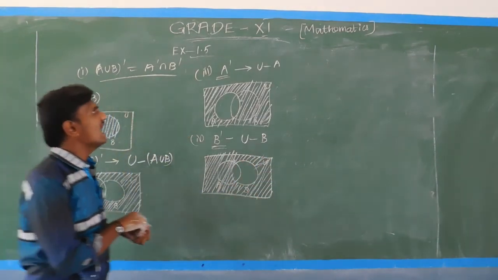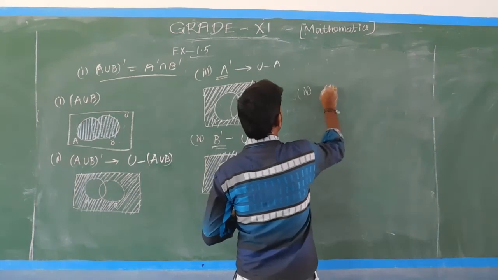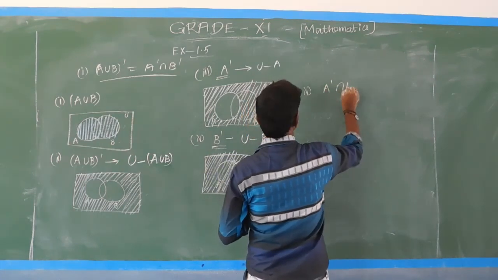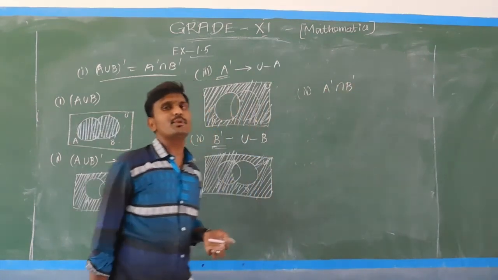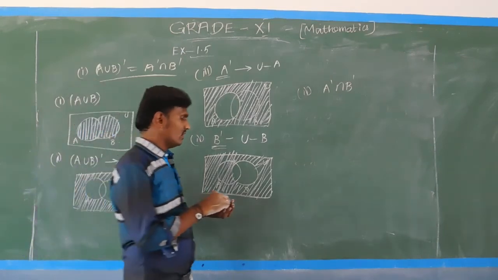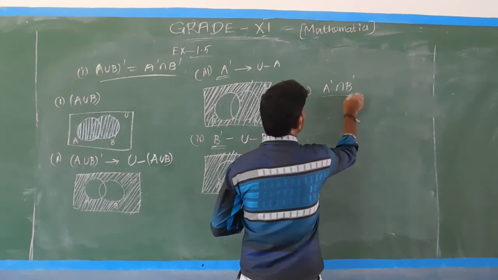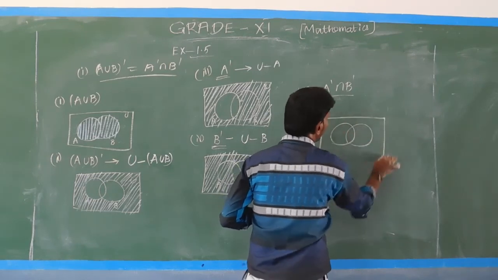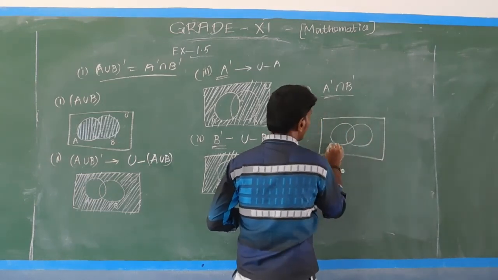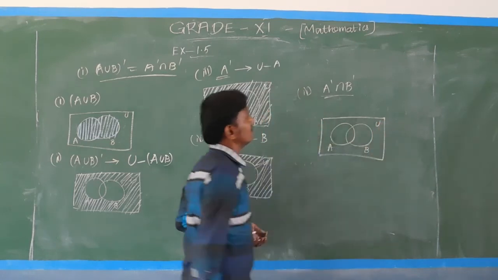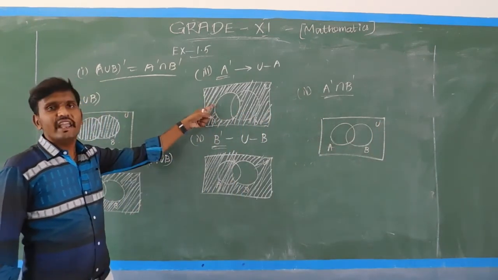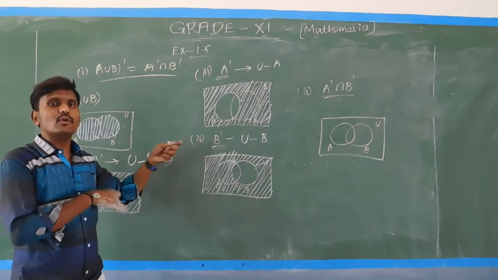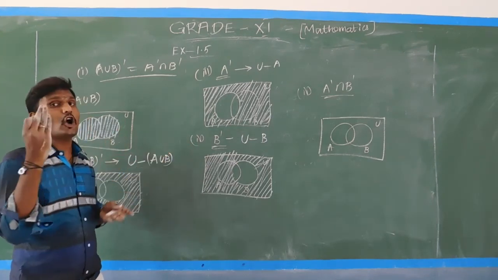Then finally I am taking A dash intersection B dash. So this is your final proof for that sum. What is the meaning of A dash intersection B dash? See, this is your A dash and that is your B dash. Intersection means the common place.